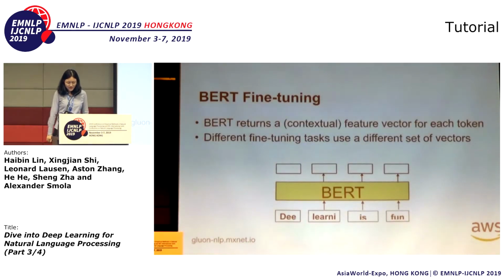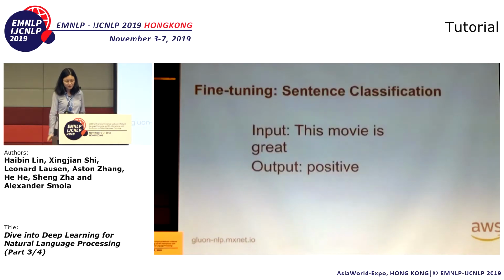So in the fine-tuning stage, we use the pre-trained BERT model as initialization, and then we add another classifier on top of the BERT model to make the task-specific prediction. For different tasks, we have slightly different fine-tuning procedures.